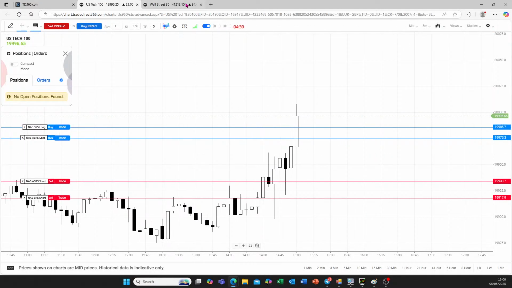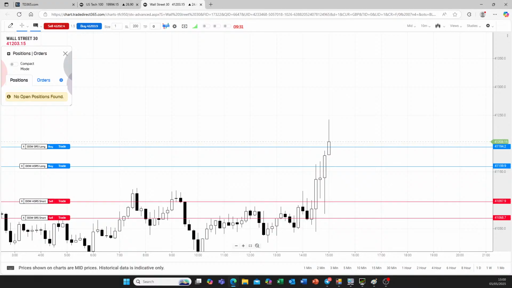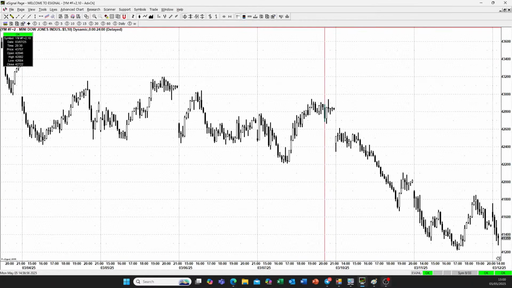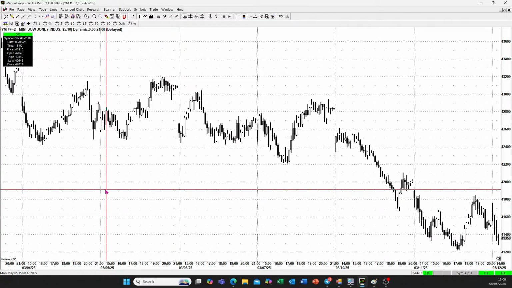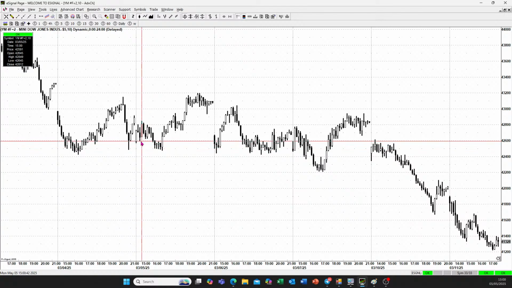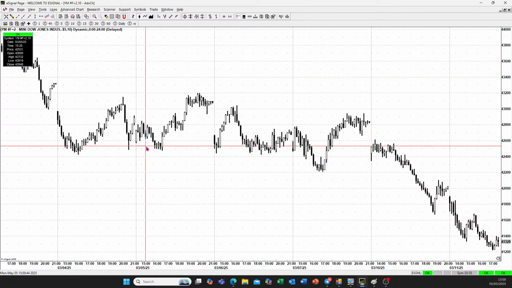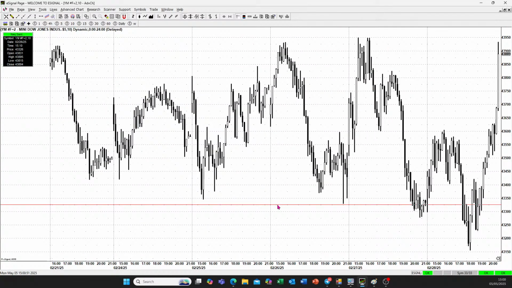Okay, so looks like the market took comfort in these numbers. But as you can see from the admittedly small sample that I'm showing you here, the ISM number seems to often get reversed.